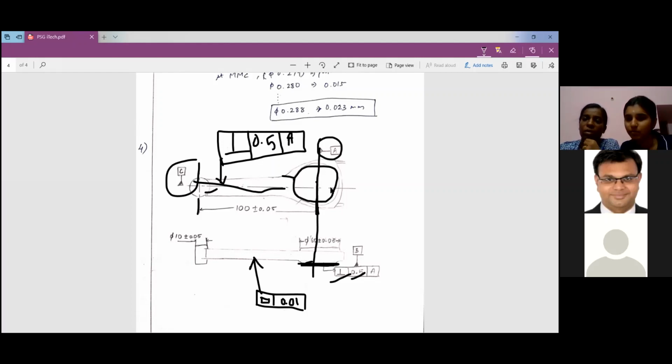But again, the problem is the manufacturer. When you are considering the manufacturing aspect, no manufacturer will be perfect enough to give the exact value with respect to the diameter. So they will ask for some tolerance with respect to the cylindricity, and they want some deviation.